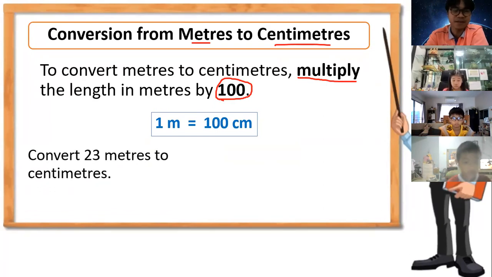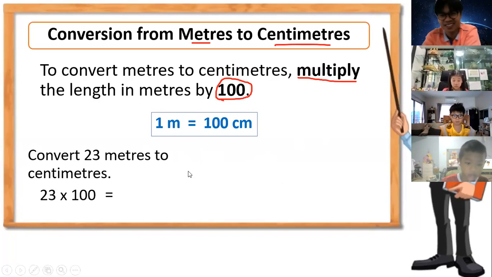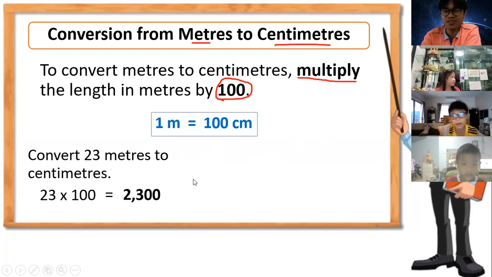Example, convert 23 meters to centimeters. You can tell us your answer there if you can solve it quickly. What's the answer? Very good, that's correct. 2,300 centimeters.